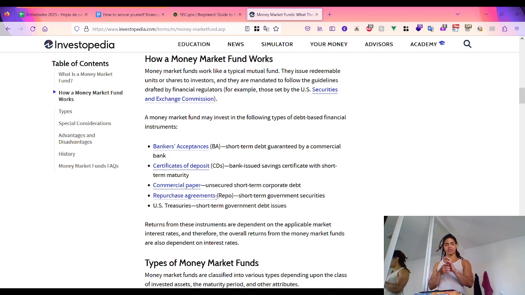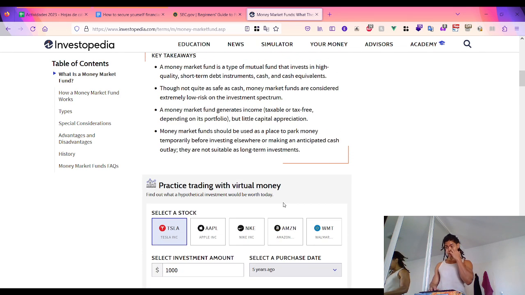And they should be used, according to Wikipedia, as a place to park money temporarily before investing elsewhere. Okay, so this is one use case.